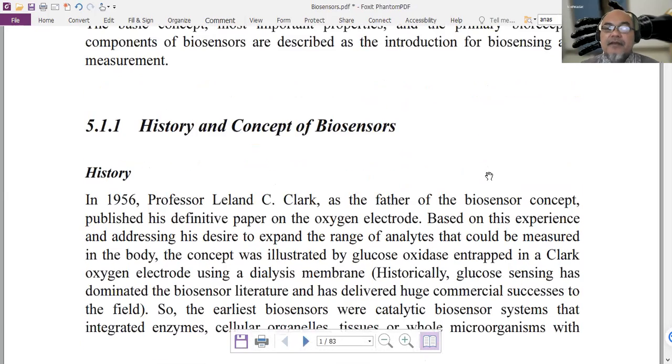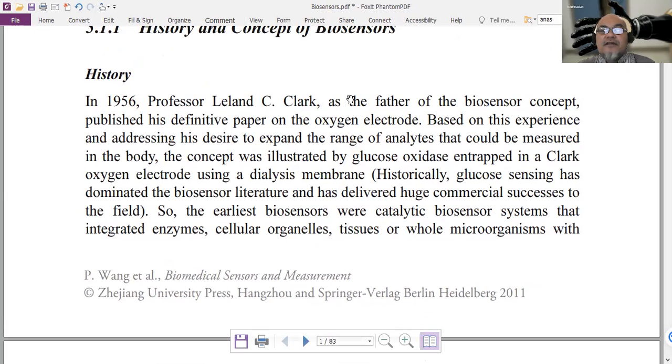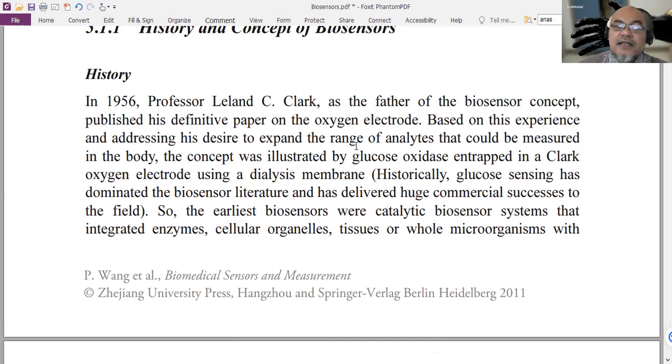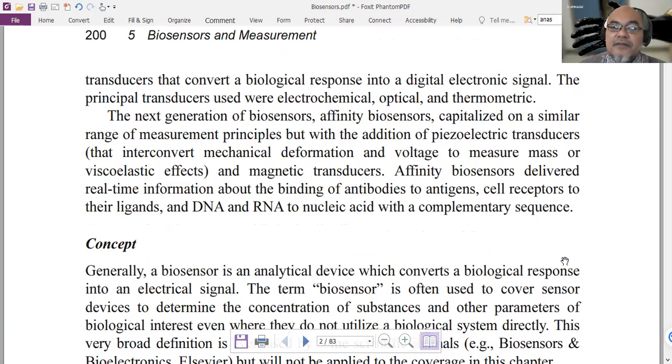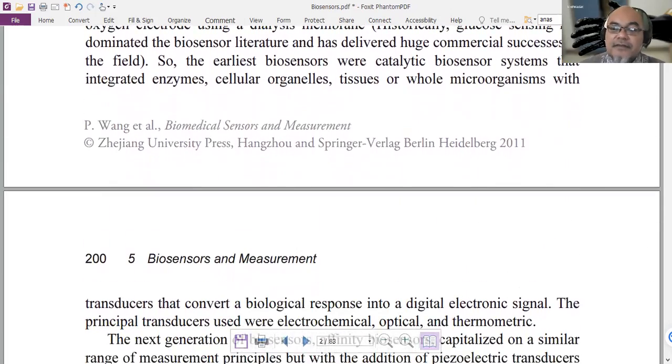Okay. So the first biosensor developed was by Prof. Leland Clark, the oxygen electrode, and then he used it to detect glucose using a dialysis membrane, as a biosensor with integrated enzyme.